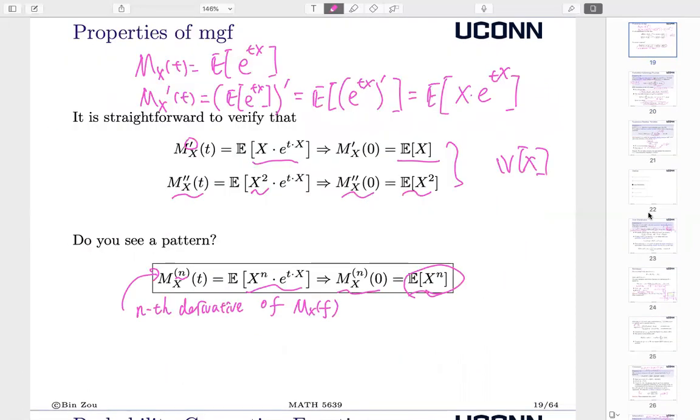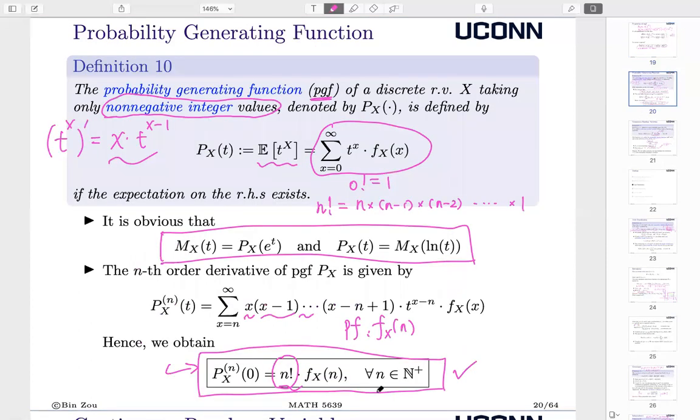Once you know the MGF, you can differentiate, right? If you want the first moment, you differentiate once. If you want the second moment, differentiate twice, and always evaluate at 0. And if you want the corresponding probability function, you can differentiate the probability generating function, but remember to divide by the factorial.